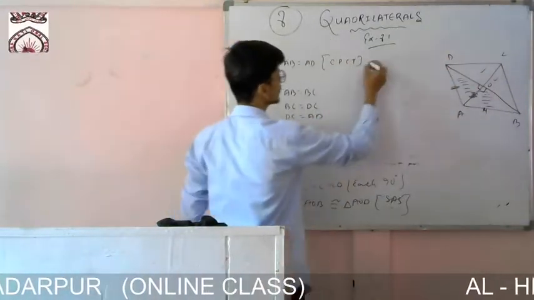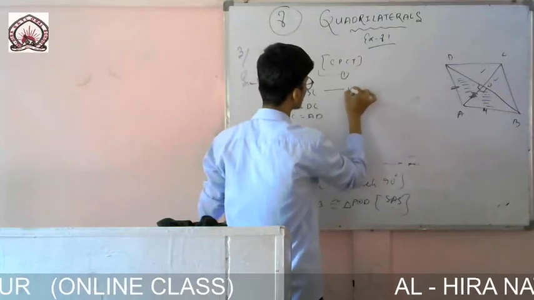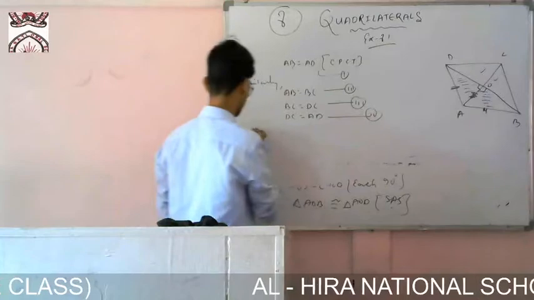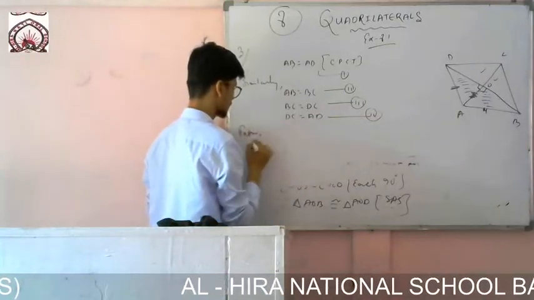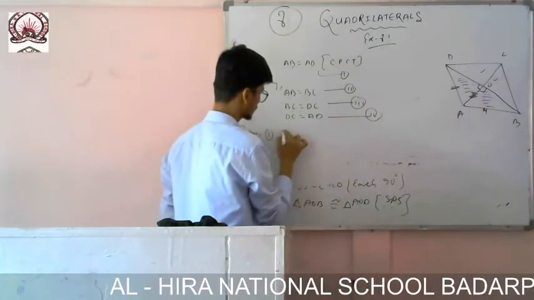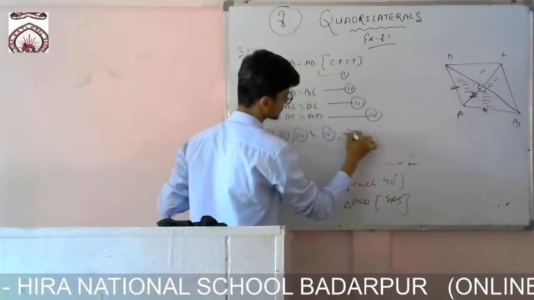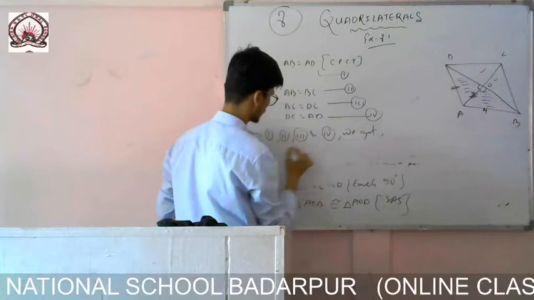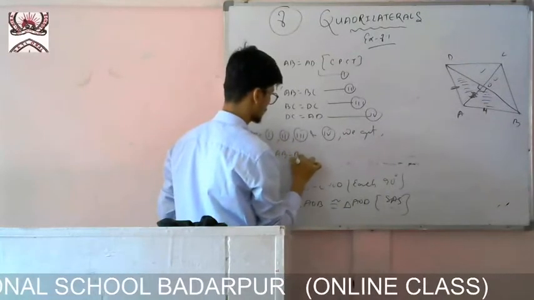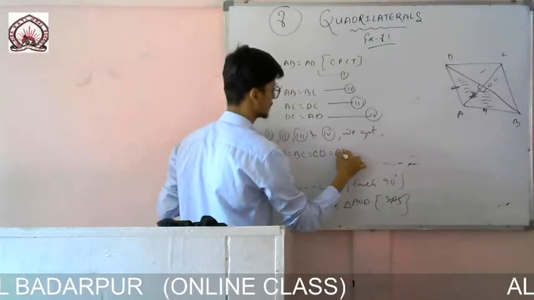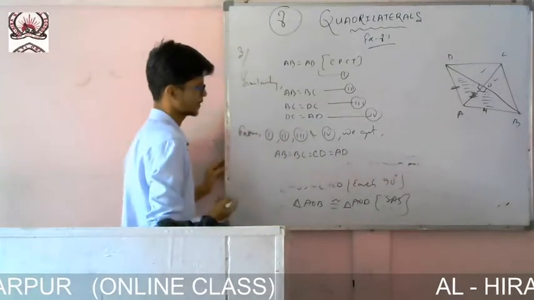So you give it as equations 1, 2, 3 and 4. From equations 1, 2, 3 and 4 we get that all are equal: AB is equal to BC is equal to CD is equal to DA.